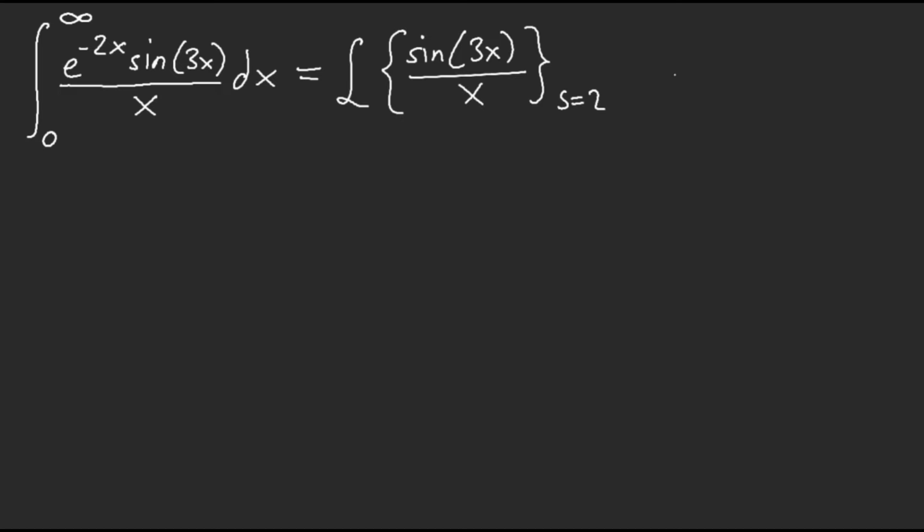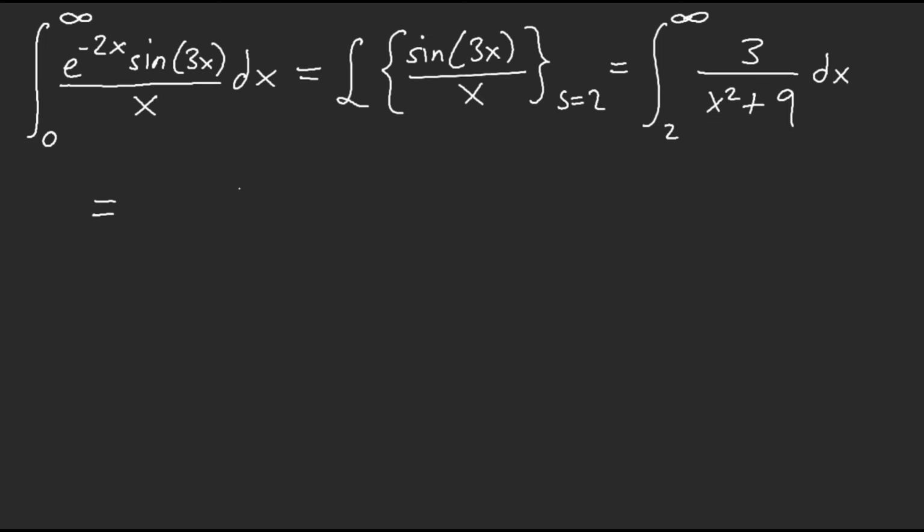So what we have here is the Laplace of sine of 3x over x, where s is equal to 2. This means we want to integrate from 2 to infinity the Laplace of sine 3x, which we know is 3 over x squared plus 9, dx. Now we just simply integrate this.